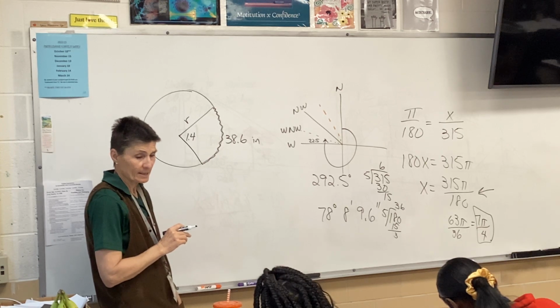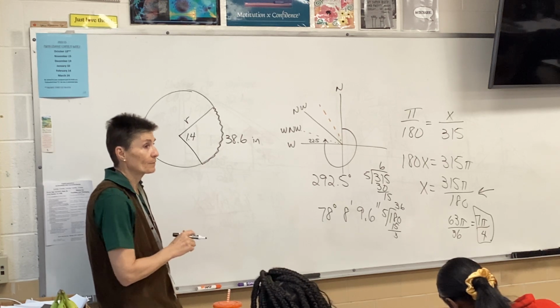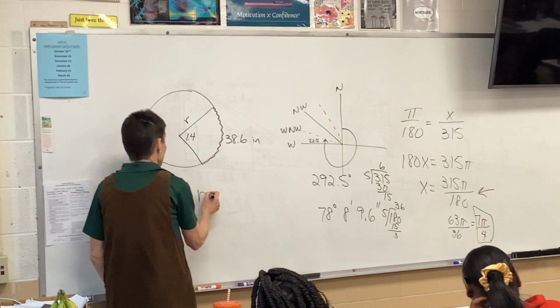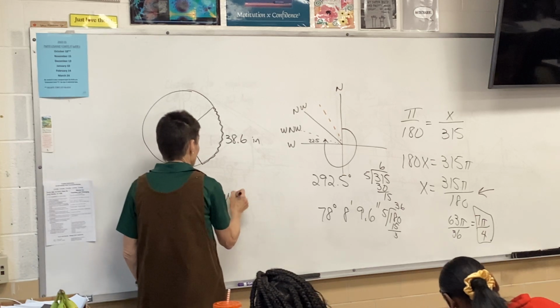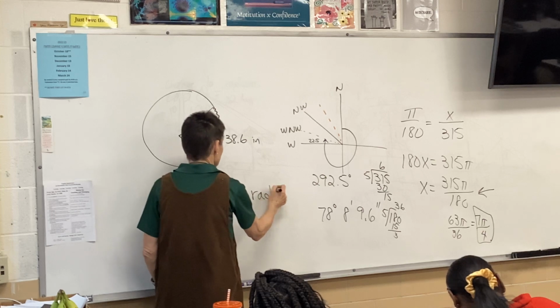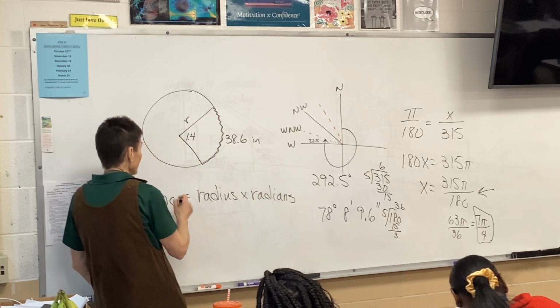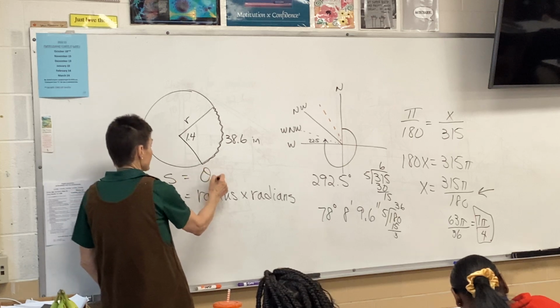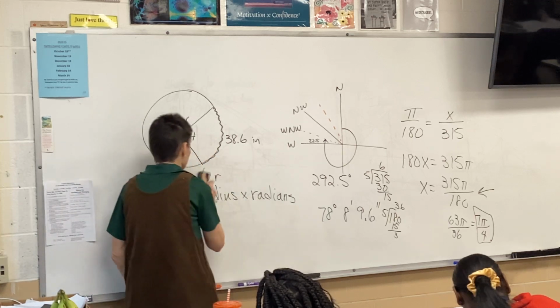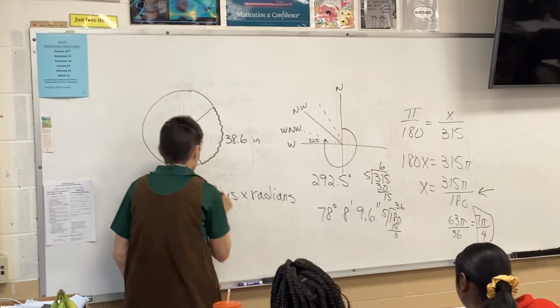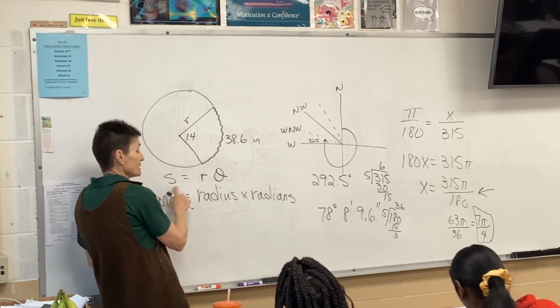What's my handy dandy little formula? Radius times radians is arc length. Now that formula is the same as S equals r theta.